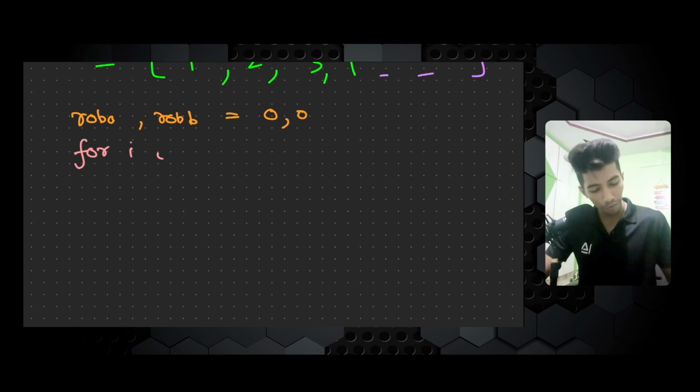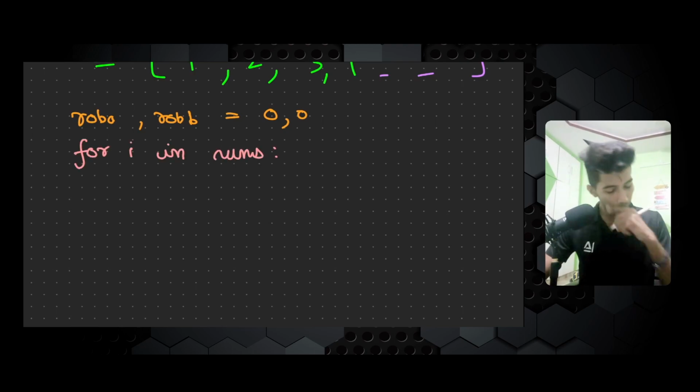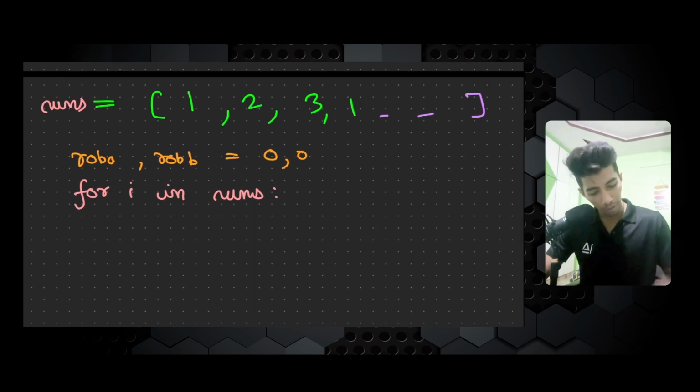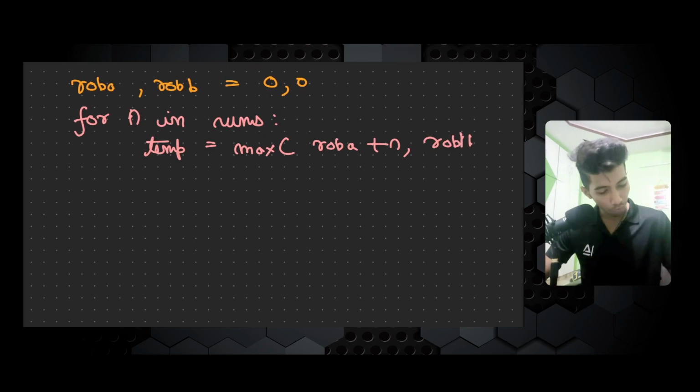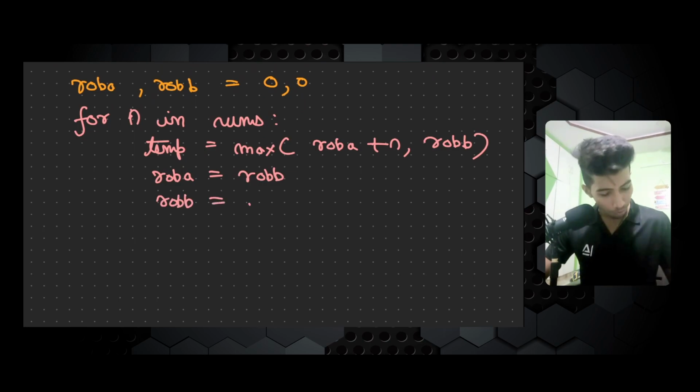Now I will run this loop in the array. Let's consider this is the nums array of mine, and this is n. So for n in nums, I will create one temp variable in which I will store the maximum of both of it, rob A plus n and rob B. Then the rob A position will be switched to the rob B position, and my rob B will become my temp.